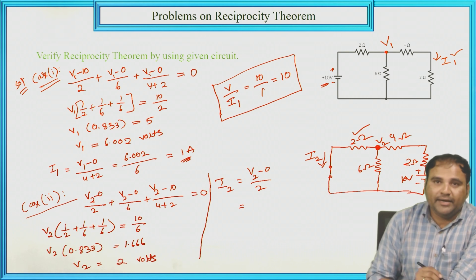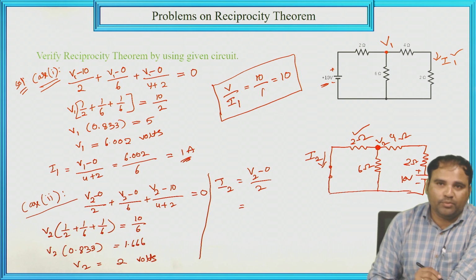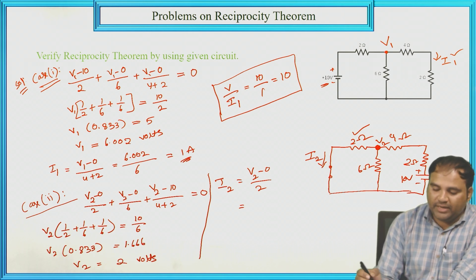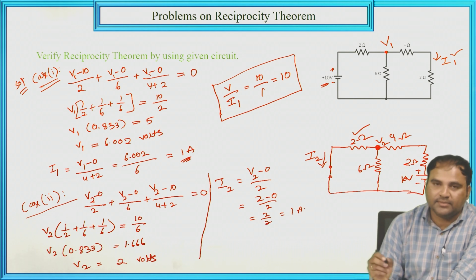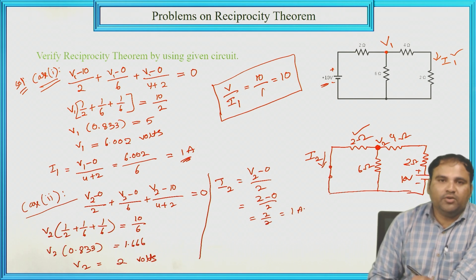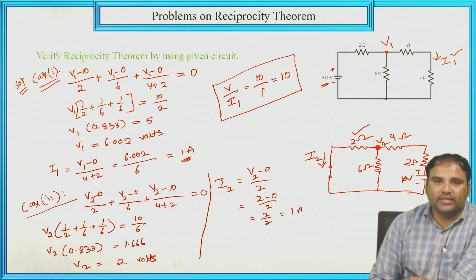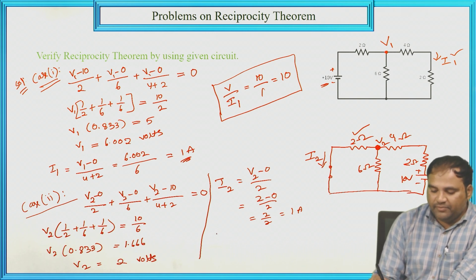Now the I2 value, the current through 2 ohm, is equal to V2 minus 0 by 2, which is nothing but 2 minus 0 by 2, that is equal to 2 by 2, that is equal to 1 ampere.